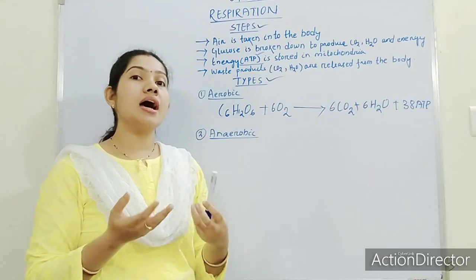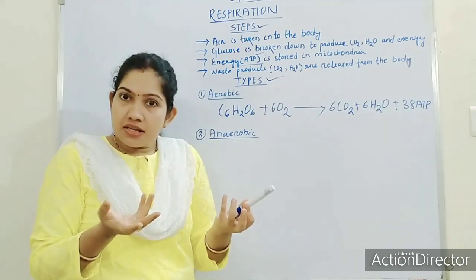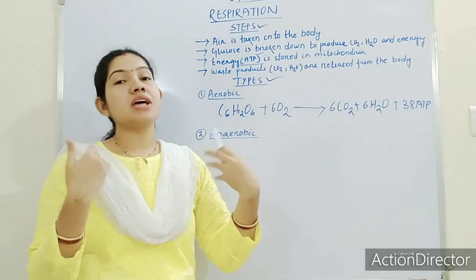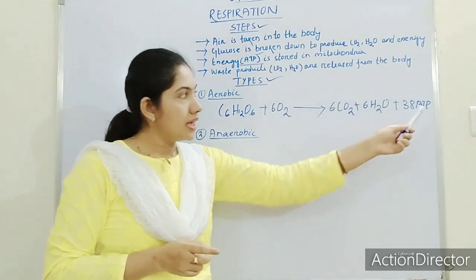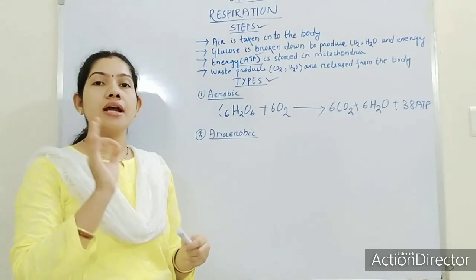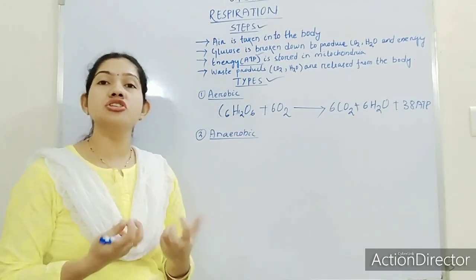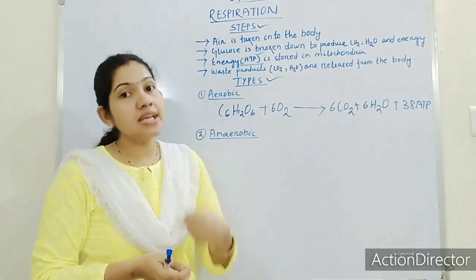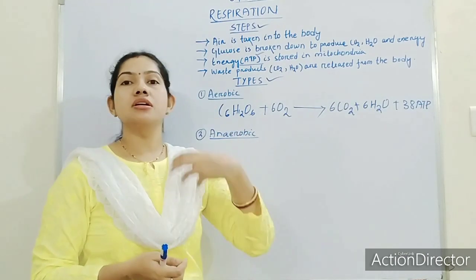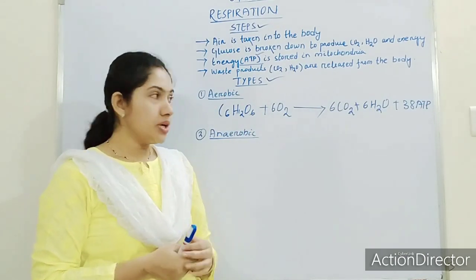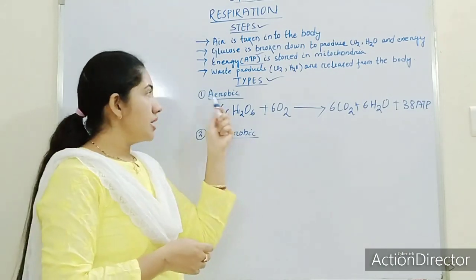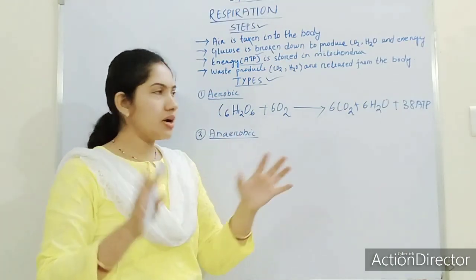So whenever our body needs energy, this ATP comes out from the mitochondria. It means whenever our body needs energy, ATP will be released from mitochondria. Okay, so this is the equation for aerobic respiration.